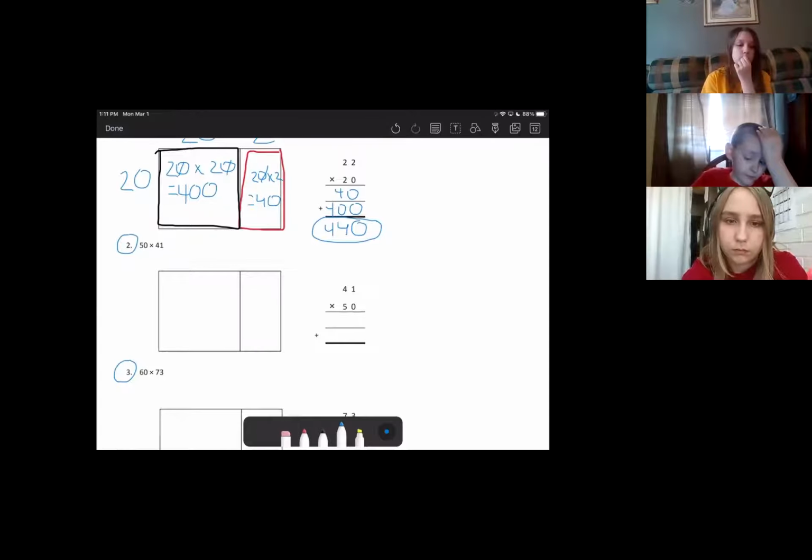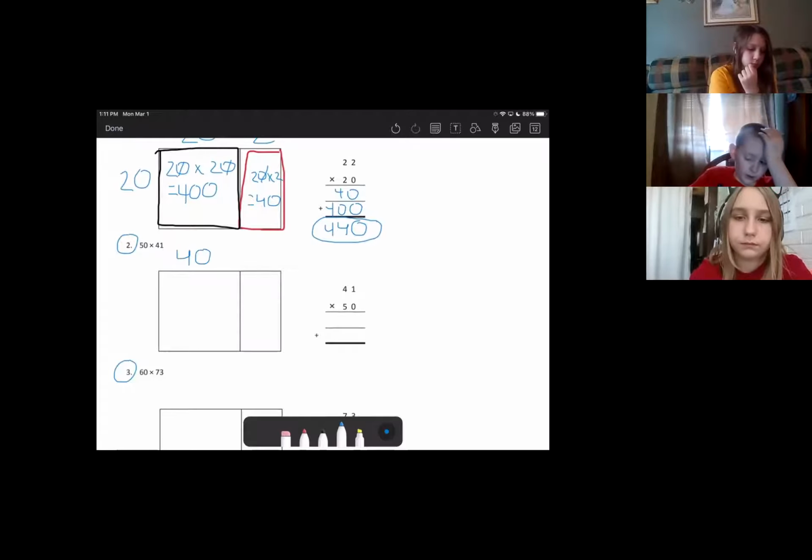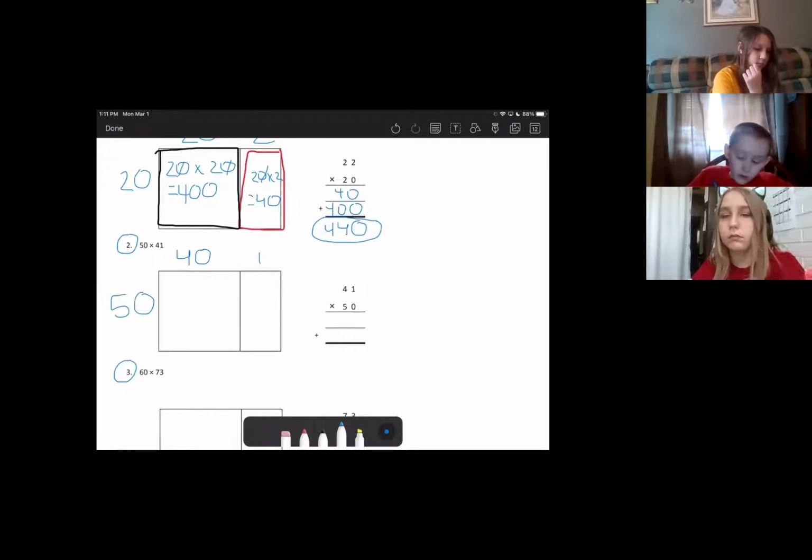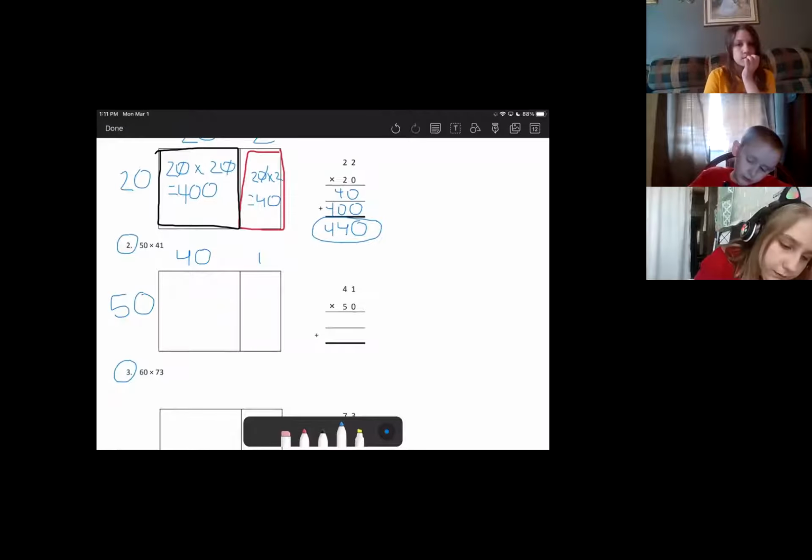You're going to put 40 above the bigger space on top, and then 1 in the smaller space up top, and then 50 on the side. Right. I'm going to put 50 as the width of my rectangle. And then for my length, Elijah said we're going to split it up into 40 and 1.